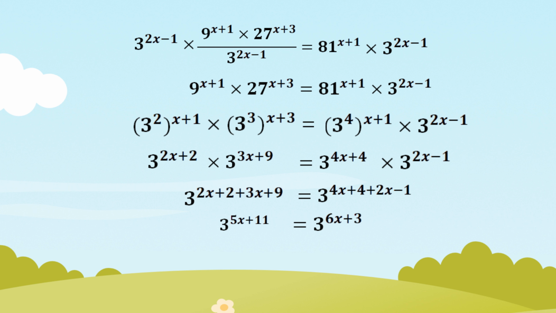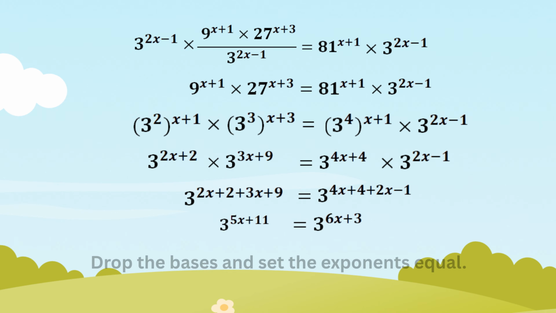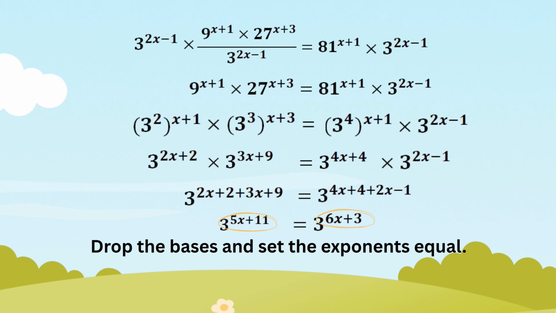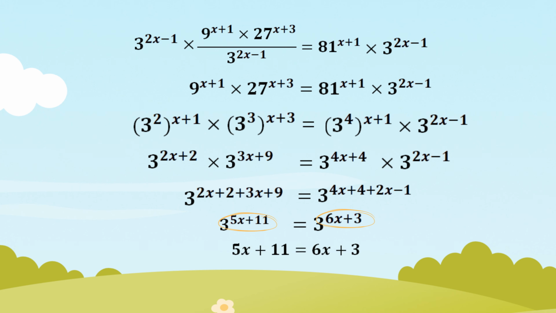Now that we have a single base on the left and a single base on the right that are both the same, we can drop the bases and equate the exponents to get 5x plus 11 equals 6x plus 3. Solve the equation by grouping the terms in x on the right and the constants on the left to get our final solution, x equals 8.